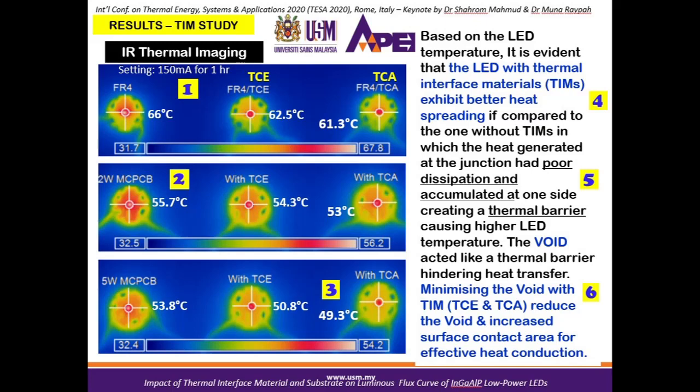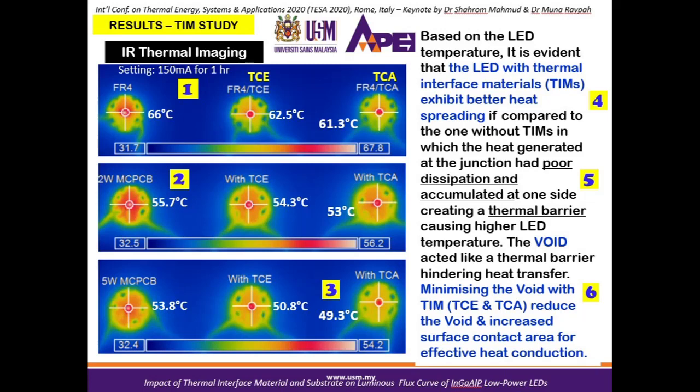The outcome is that the samples exhibit lower temperature in the infrared thermal imaging, especially item 1, where the temperature drops from 66 Celsius to 61 Celsius, which is almost a 5-degree drop in temperature with the TIM material filling up the voids.